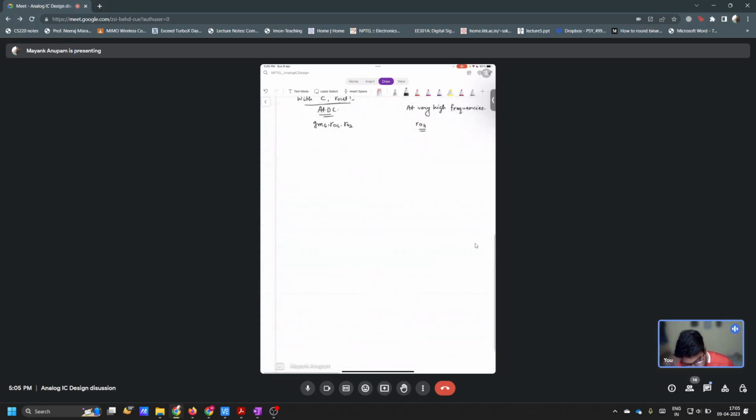So if you sketch the output resistance versus frequency, what should it look like? At DC, this is R out, the magnitude of R out in dB, and this is frequency on a log scale. So how should this plot look?